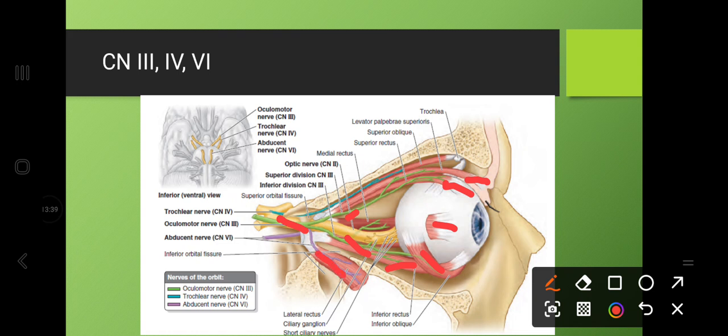The lateral rectus is supplied by the abducent nerve. Here the superior oblique muscle, this one, is supplied by trochlear nerve.